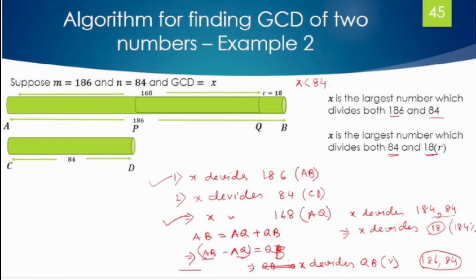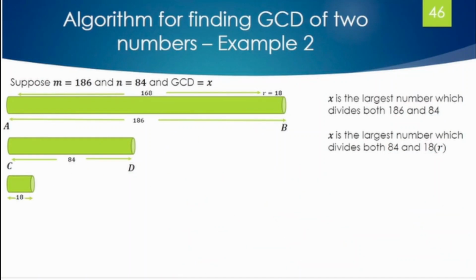So what we can do here, we can cut this 18 and we can argue that x which divides these two numbers, the same x also will divide this number as well. So what we can say, the GCD of this number and this number is equal to the GCD of these two numbers, right?